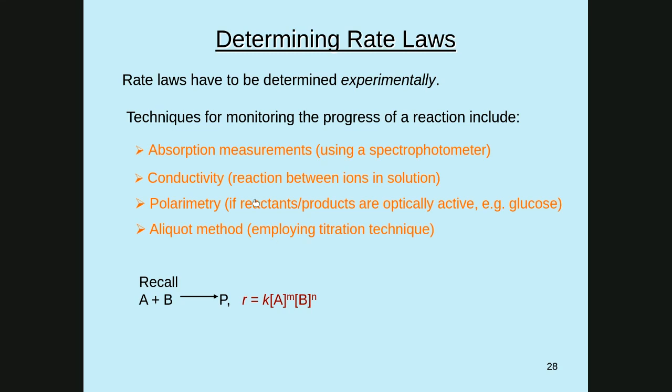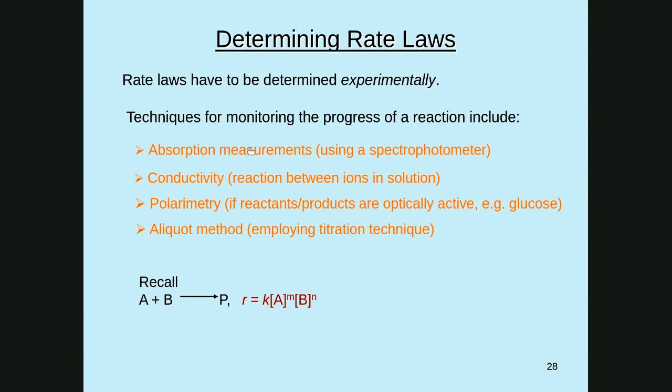A very common technique is the measurement of absorption. In that case, you use a spectrophotometer. That is the instrument being used. If you have a reactant that absorbs quite strongly, preferably in the visible region of the spectrum, you tune in to the wavelength at which the maximum absorption occurs.